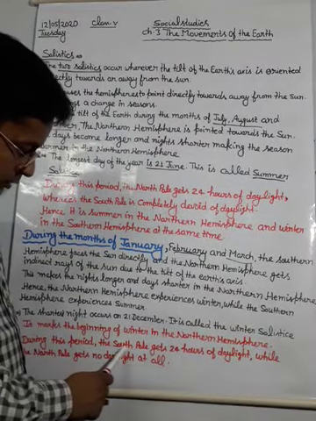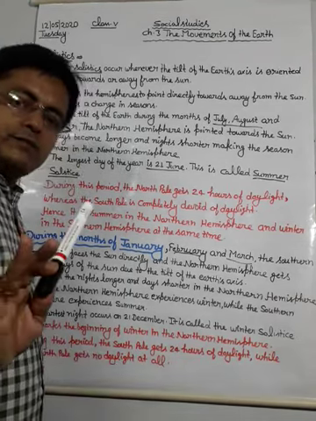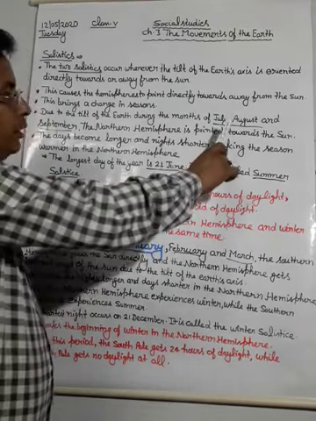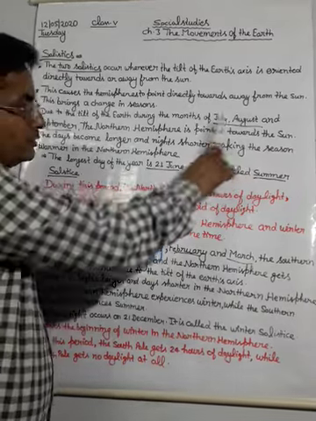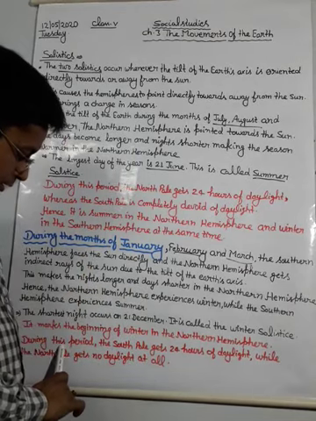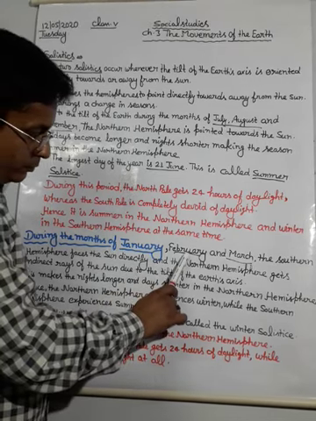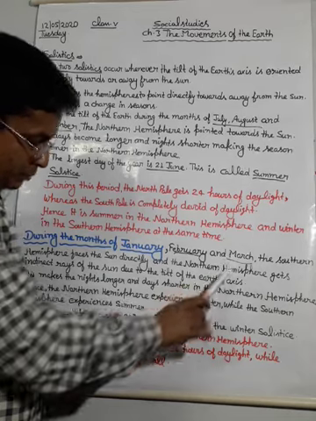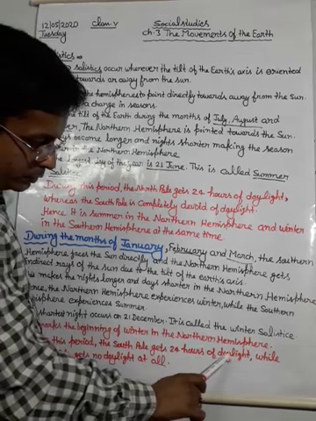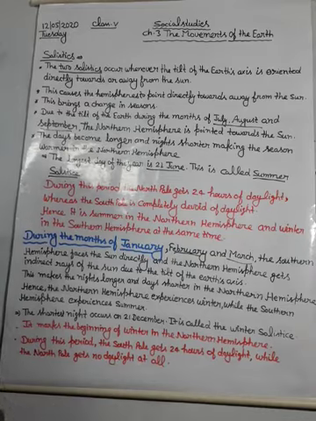During this period, the South Pole gets 24 hours of daylight. In the same way as the North Pole receives 24 hours of daylight in June, July, August and September, in the winter time of the northern hemisphere, January, February and March, the South Pole gets 24 hours of daylight, while the North Pole gets no daylight at all.